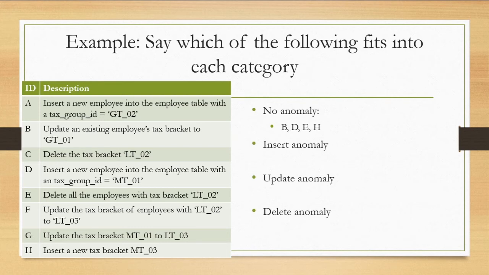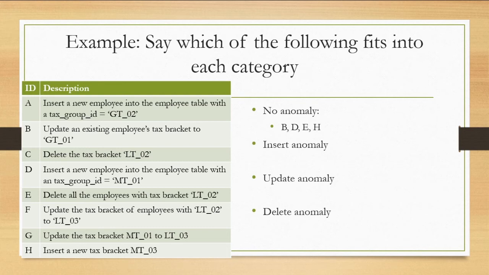E is delete all the employees with tax bracket LT02, so we are deleting from employees, not from tax group. And H is insert a new tax bracket into MT03, which will not affect the employees. We are just adding a new tax bracket.